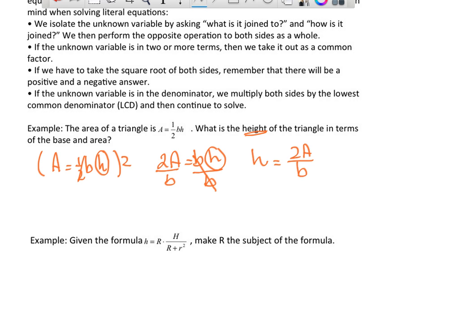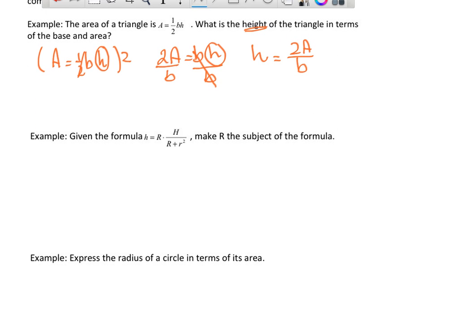Okay, another one. Given the formula h is capital R times h over r plus r squared, make capital R the subject. So we're going to make capital R the subject of that formula. Well, this one is definitely more complicated because R is actually in two spots. So somehow these two have to come to the same side.